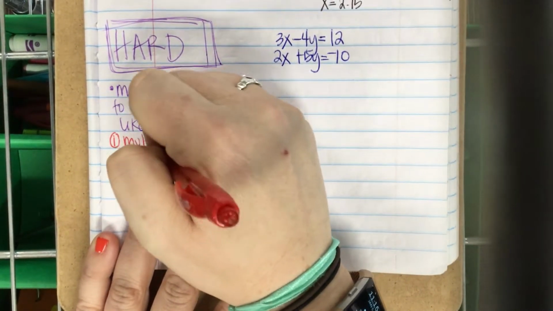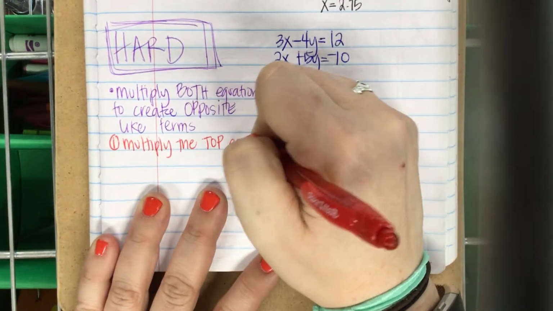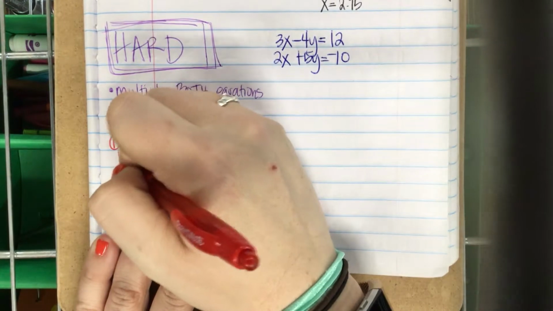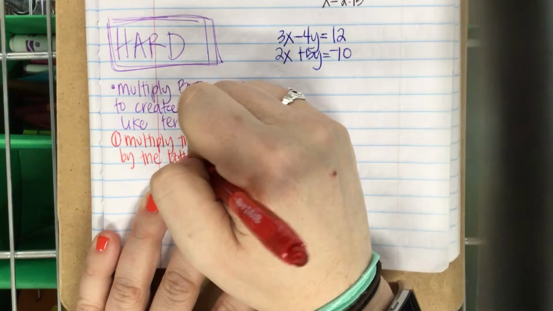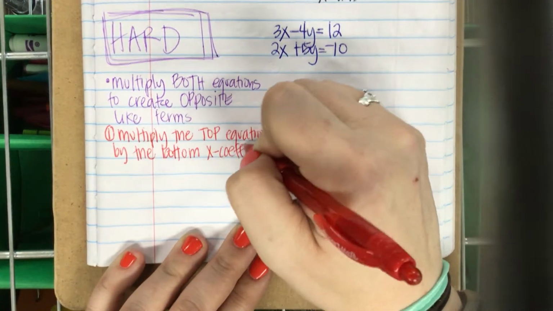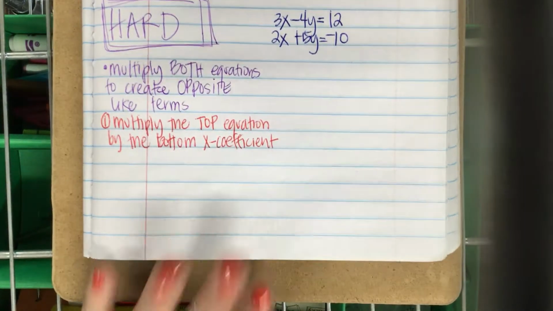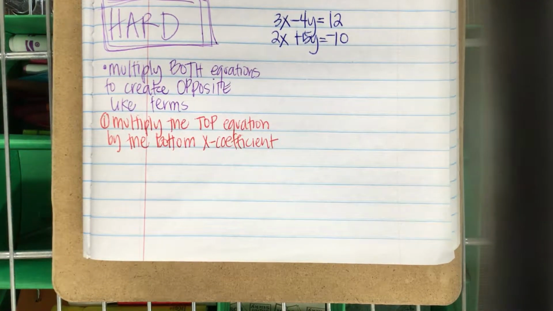You're going to multiply the top equation by the bottom x coefficient.